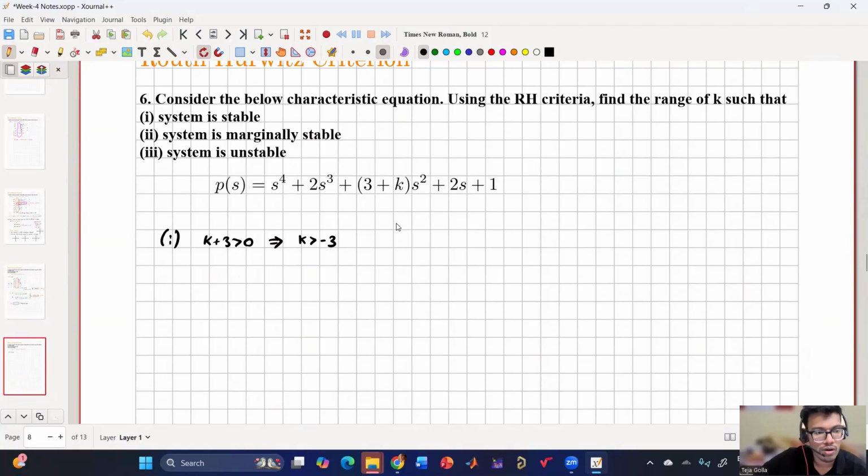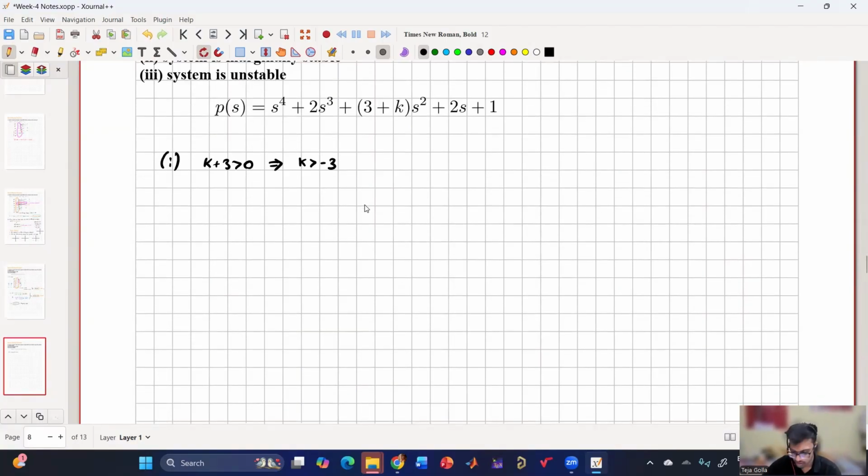Okay. So now let us start the Routh table. s to the power 4, s to the power 3, s to the power 2, s to the power 1, s to the power 0. What will be the first row elements? 1, K plus 3, and 1.